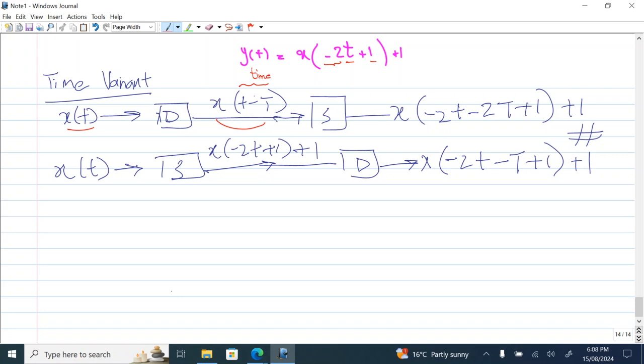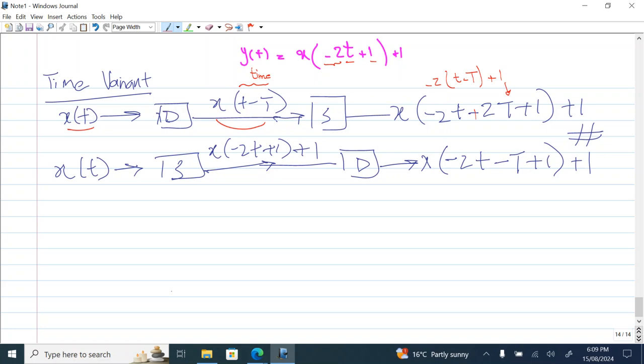So if this is my time, this should be multiplied by minus 2, and then added to 1, which is what you see down here, except that should be plus. Don't worry, you'll get the full mark.